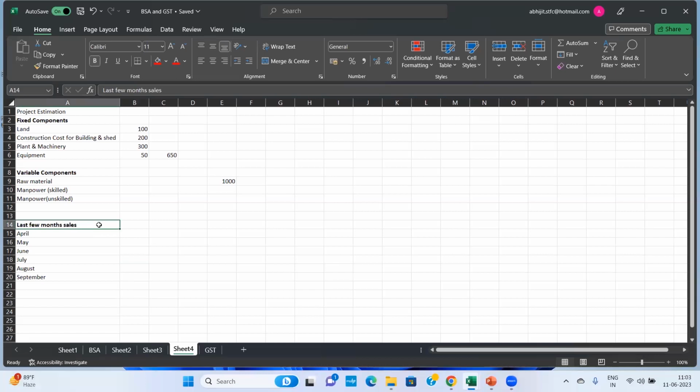This could be my peak season. Normally I get to know from peers or from my market survey in the area I'm catering to, could be 100 units, 120 units, 140 units, 134 units, 150 units, and in September slightly less, and it goes down to 50, 60, 20, like this.